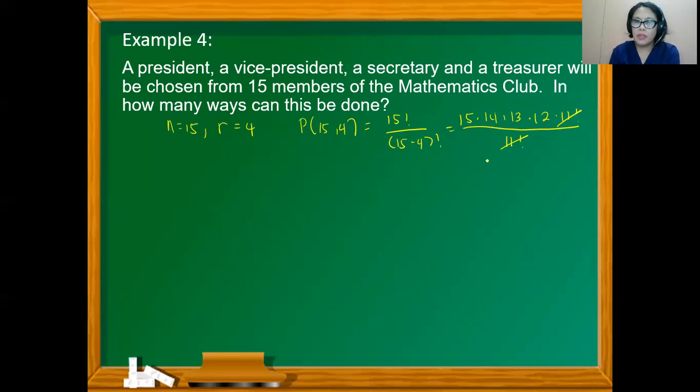So the product of 15, 14, 13, and 12 is equal to 32,760. So there are 32,760 ways of selecting these four positions.